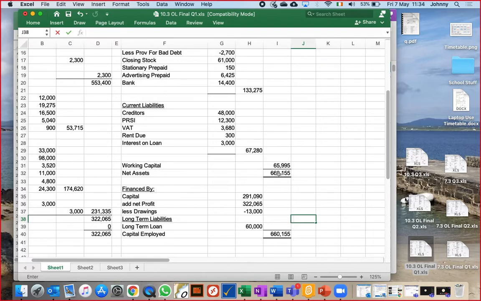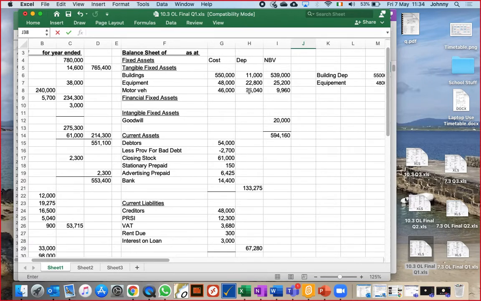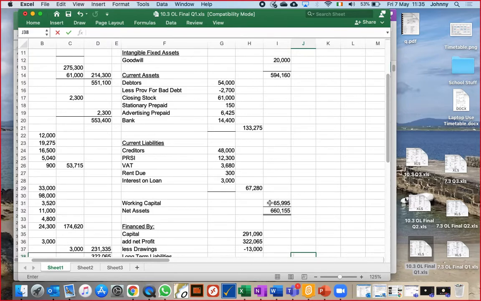Even though this number is wrong, my only mistake was this one number up here for depreciation. If I've added all this up with the wrong number, whatever number I get in the total fixed assets will be marked as right. My working capital will be marked as right, my net assets will be marked as right, even though it's not the right number, because I made a mistake somewhere else. Is that all right? That's why you don't give up on the question. Is everyone clear enough on that?